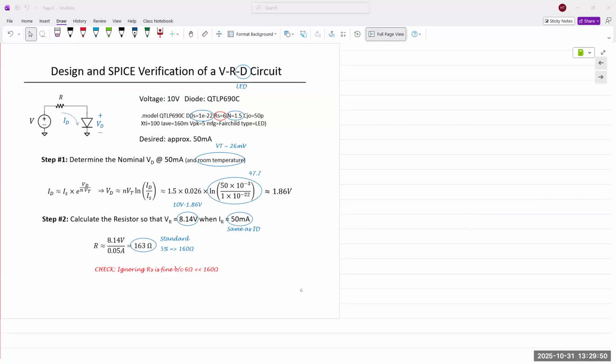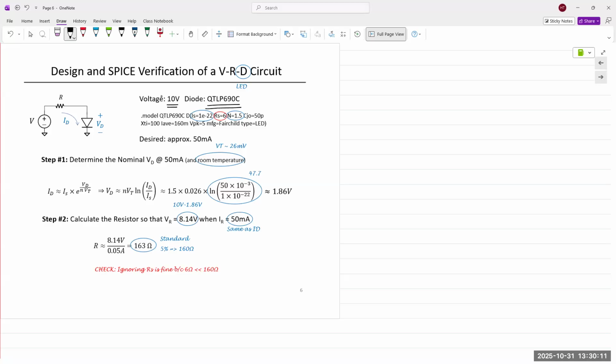Here is an LTspice simulation and a calculation. We'll do it manually, and we'll also do a computer simulation. So supply voltage is 10 volts. Model of the diode is given.